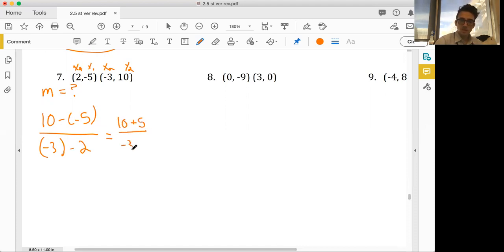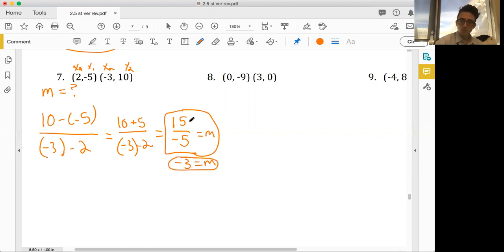Down here, -3 minus 2. You can just keep that as is. 10 plus 5 is 15. -3 minus 2 is -5. Can we simplify this further? Hopefully you're saying yes, to just -3.